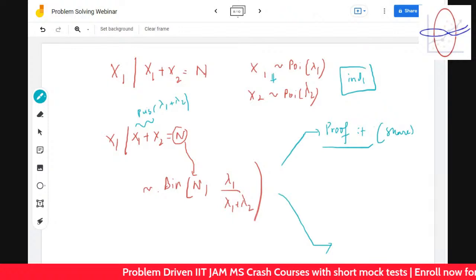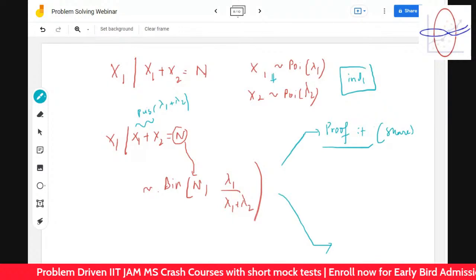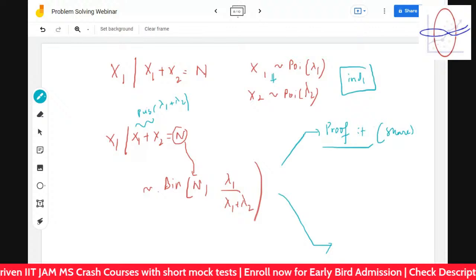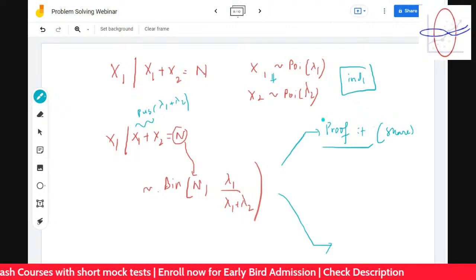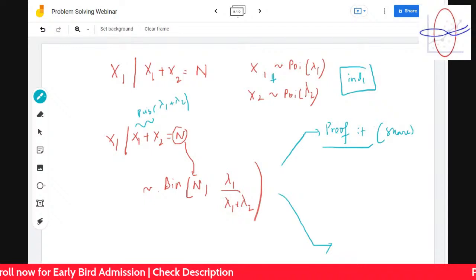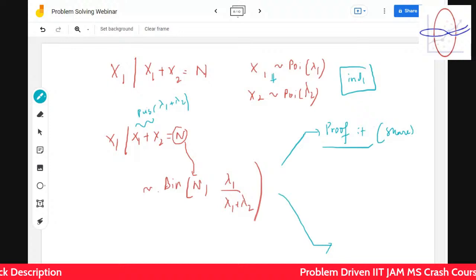Sir, for Poisson, we can use the limiting case from binomial to Poisson, when p tends to 0 and n is very large. Okay, go ahead. It's a Poisson distribution.